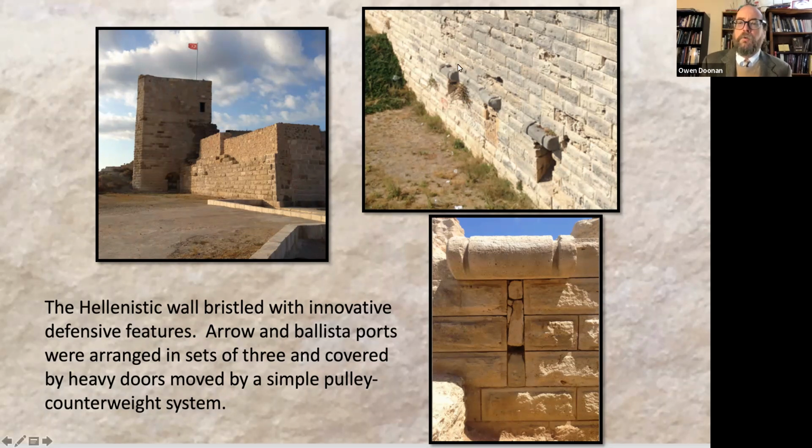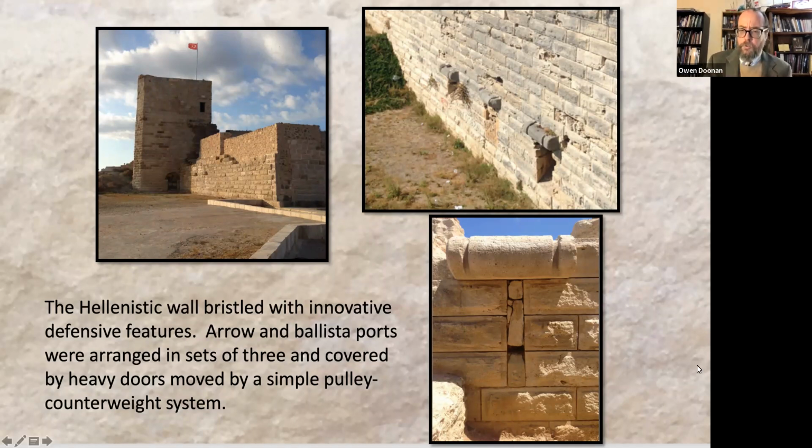One of the most remarkable features are these wonderful shutters. Some of them are covering catapult windows, and these are the broader ones, like we see here. The narrower ones are for either bowmen or perhaps crossbows.